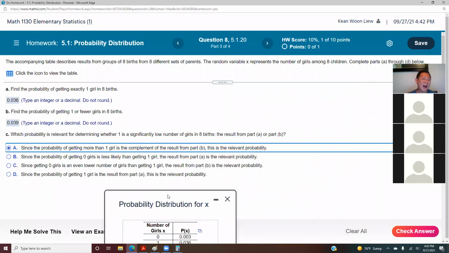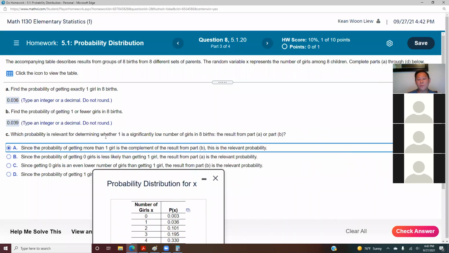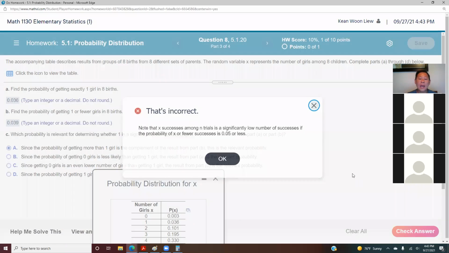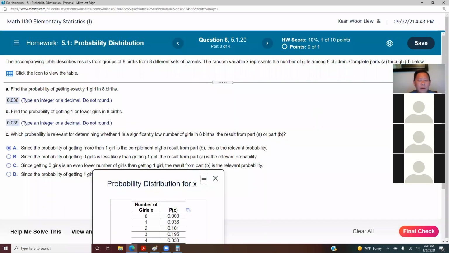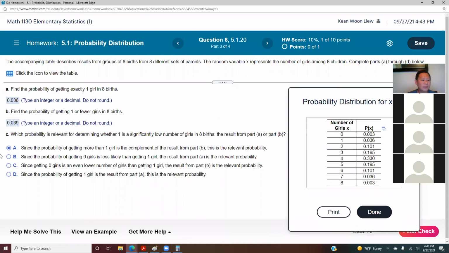In the test, usually I would just say which part you pick, but I wouldn't tell you why. So in this case, part B is the one that we pick. Then it's C. In the test, I won't come up with these kind of questions.